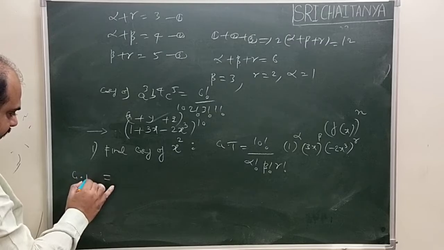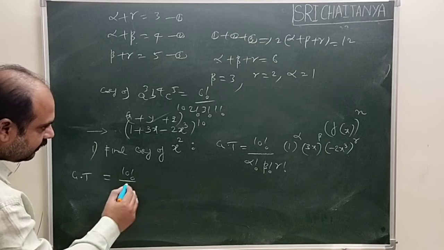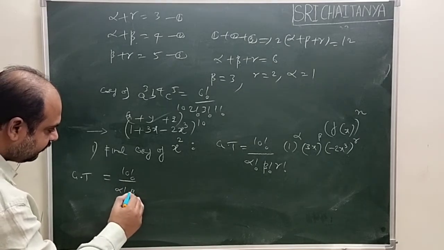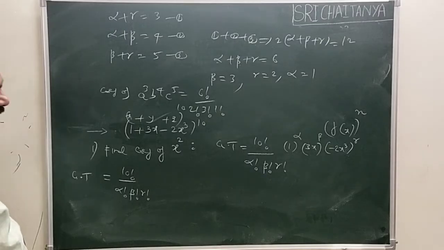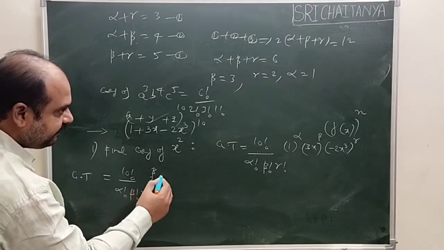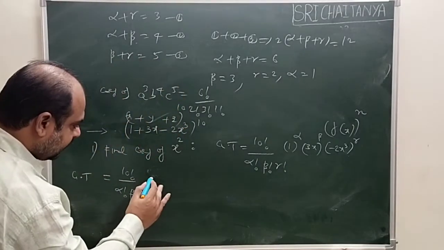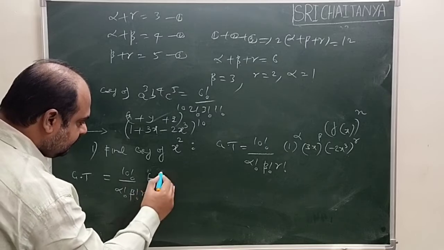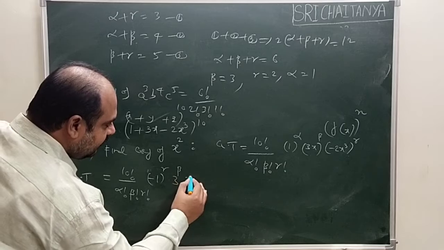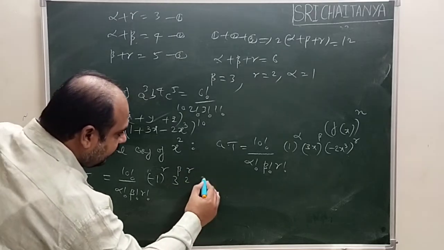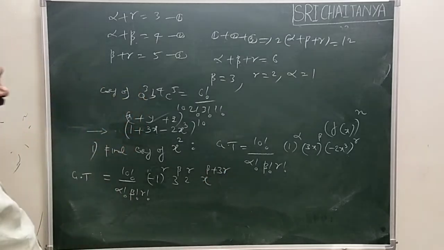The general term is nothing but 10 factorial divided by alpha factorial, beta factorial, gamma factorial, into the constants: minus 1 to the power gamma, into 3 to the power beta, into 2 to the power gamma, into x power beta plus 3 gamma.